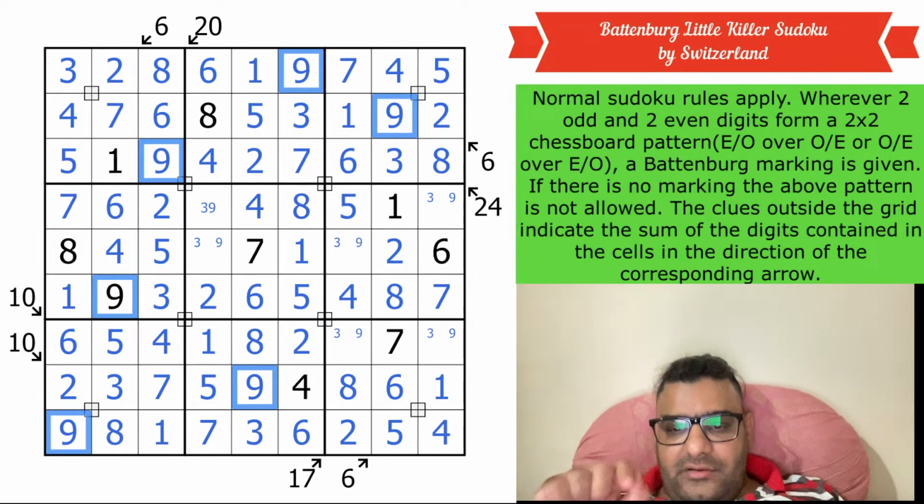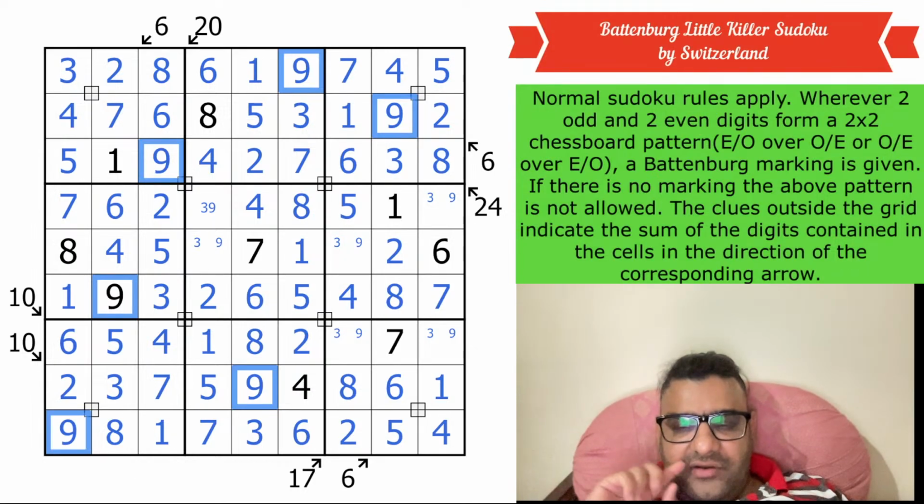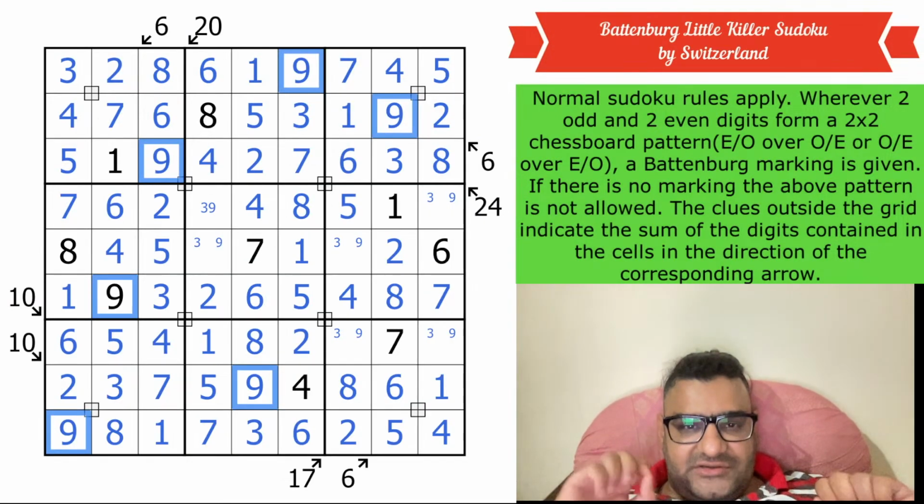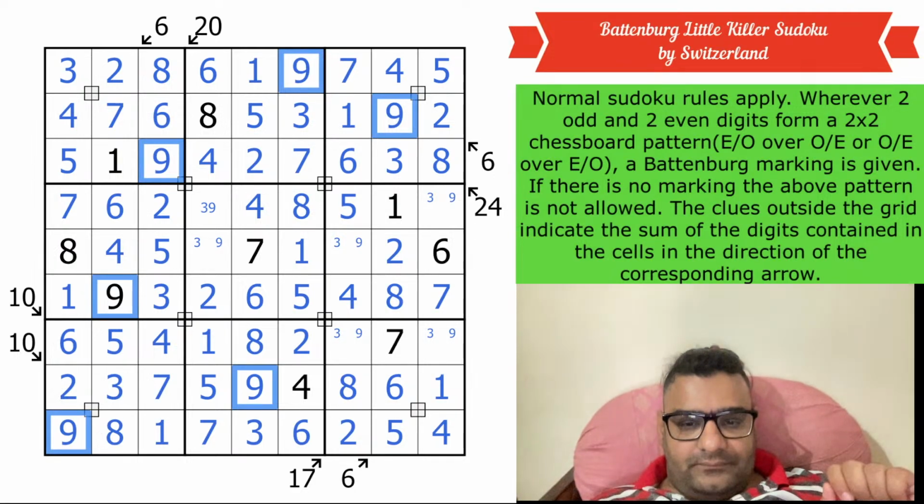This is a complete disaster here. Only two numbers are left and they can be anywhere. So we have to take a guess.